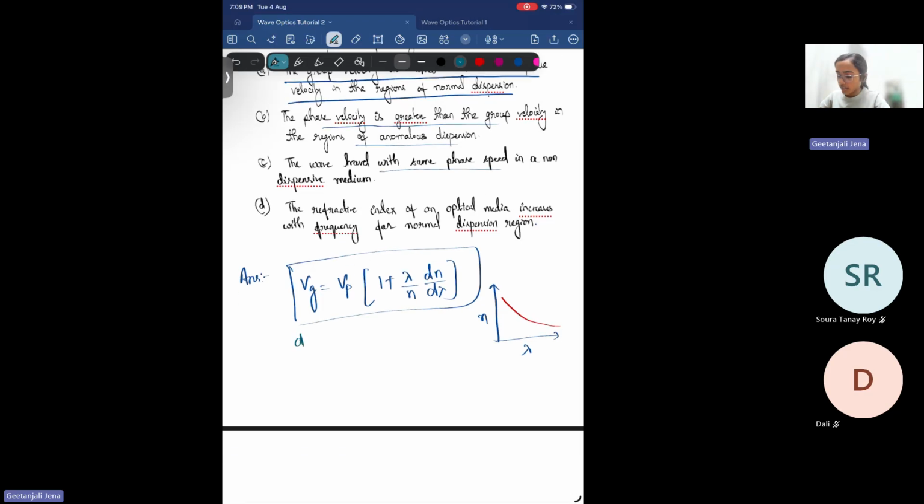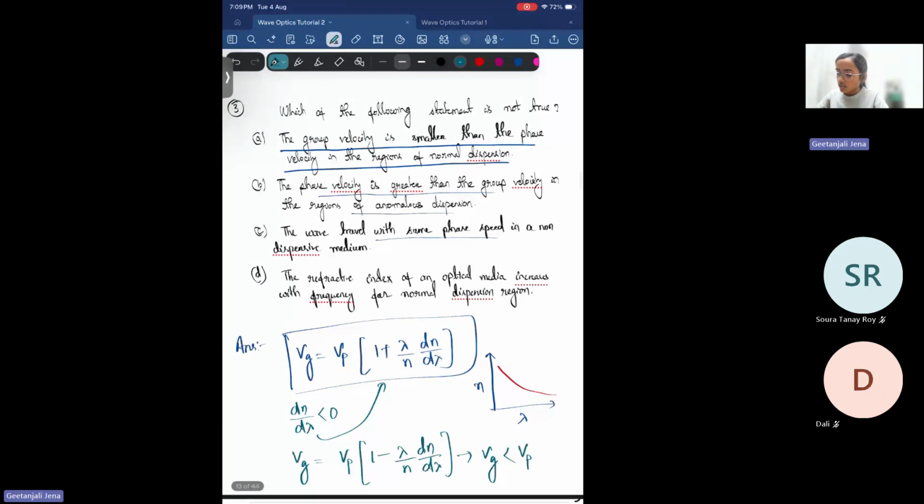For normal dispersion, dn over d lambda is less than 0. So if we put it here, it is a negative quantity. So that means Vg is Vp times 1 minus lambda by n dn over d lambda. So for normal dispersion, Vg is less than Vp. So in the normal situation, we have phase velocity greater than the group velocity. So option A is saying the group velocity is smaller than the phase velocity in the region of normal dispersion, which is correct.